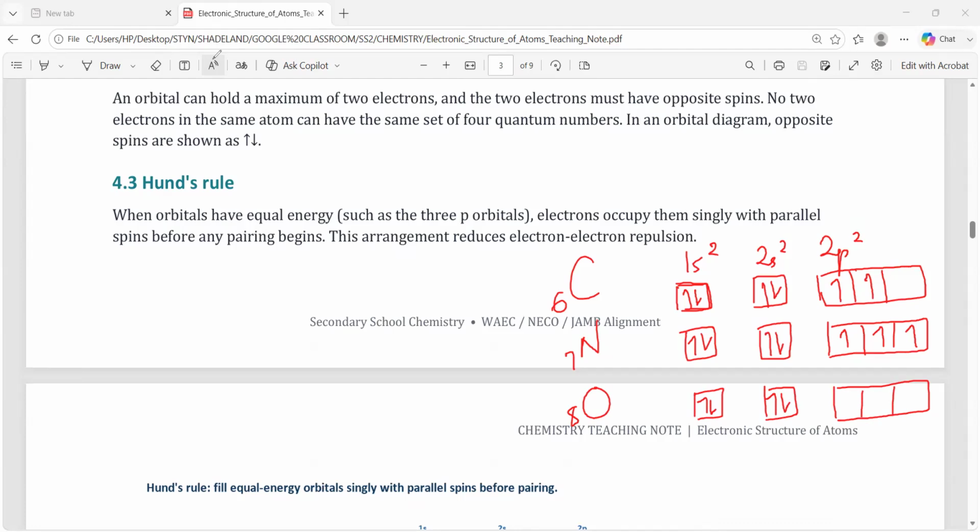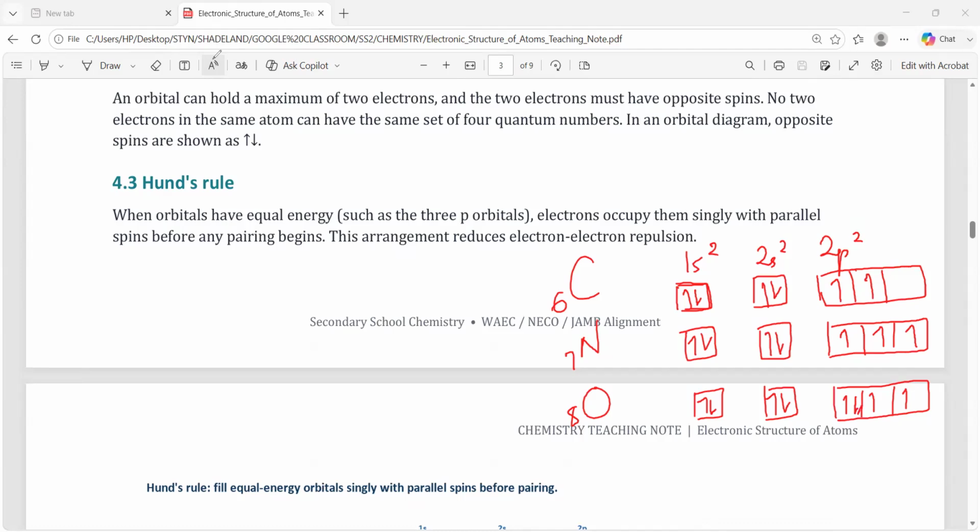Now, for oxygen, you see where Hund's rule is playing out. You go 1, 2, 3. Because you have filled all of them singly and you still have one electron, you can now start pairing. Are we together? You can now start pairing.